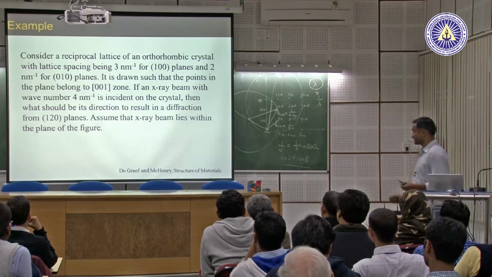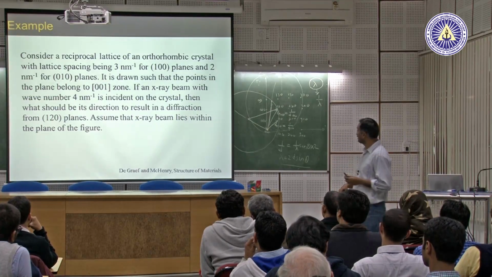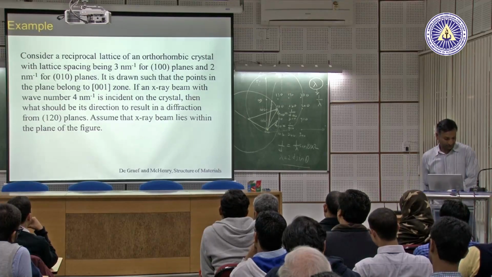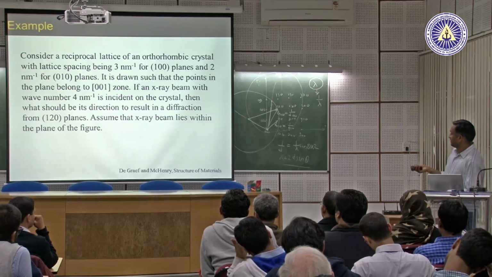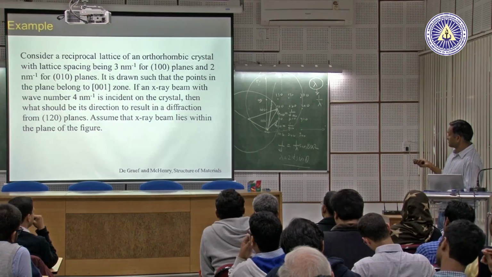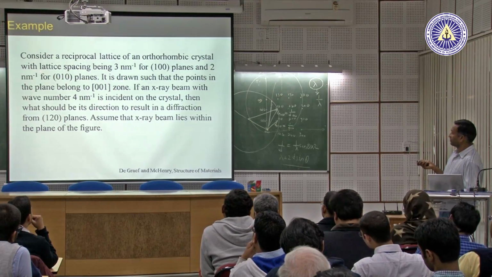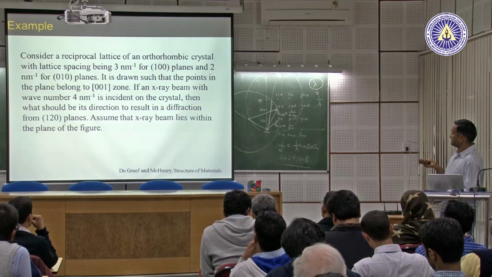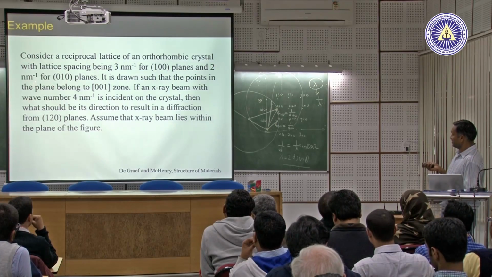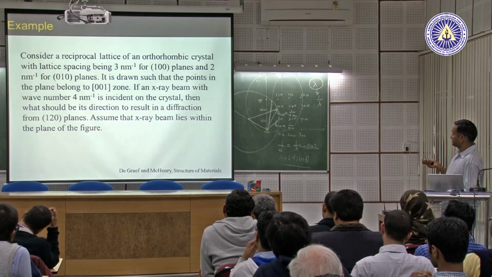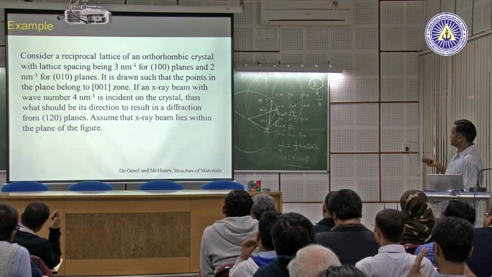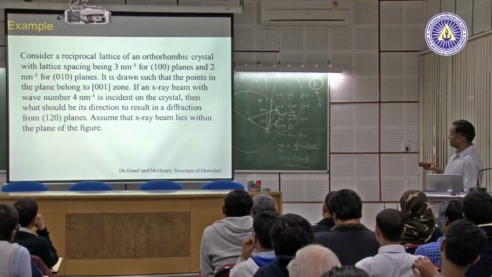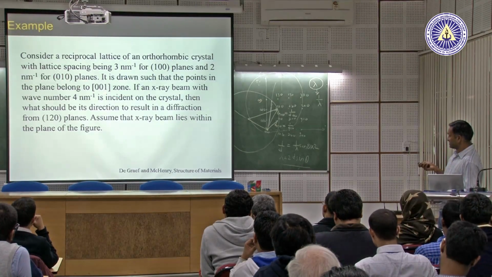So let's take an example. This is quite vague in some sense, so if we take an example, it will become more clear. Let's consider the reciprocal lattice of an orthorhombic crystal with lattice spacing being 3 nanometer inverse for 100 planes and 2 nanometer inverse for 010 planes.